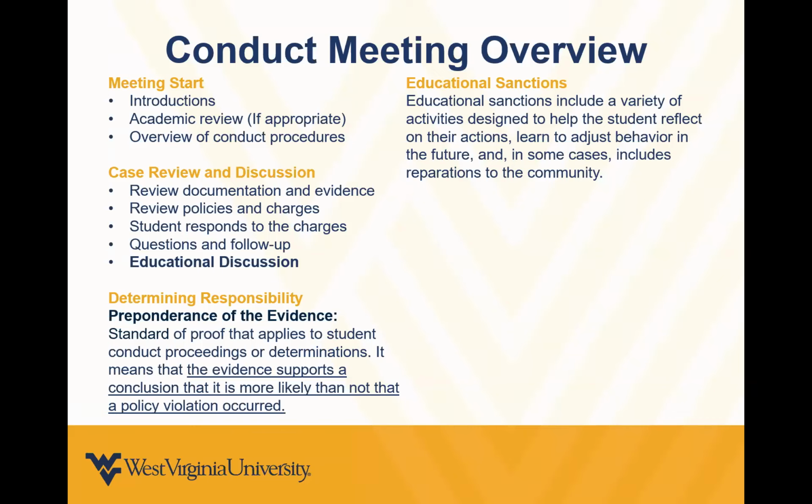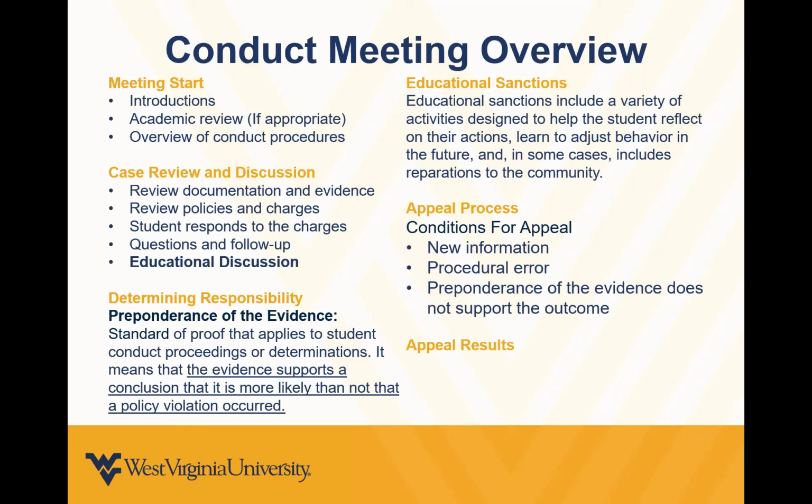Once responsibility and sanctions have been determined, the conduct officer will send the student an outcome letter. This outcome letter reviews the results of the conduct meeting. If the student is found responsible, they have the right to appeal. And the appeal information is also outlined in the outcome letter.